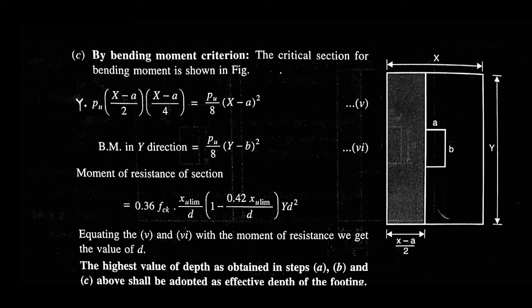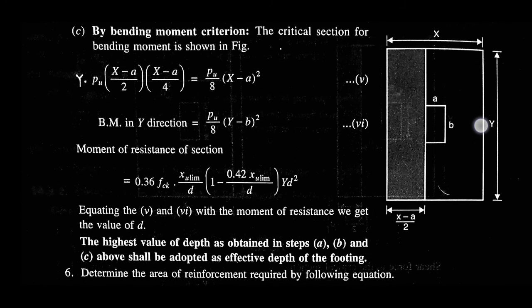So the moment will be like this: y into Pu within bracket (x minus a by 2) into (x minus a by 4), which is equal to Pu by 8 into (x minus a) square. So the bending moment in the y direction is equal to Pu by 8 into (y minus b) square.